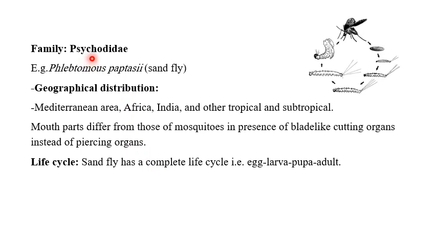Family Psychodidae, Phlebotomus papatasi, the sandfly. Geographical distribution: the Mediterranean area, Africa, India, and other tropical and subtropical regions. Mouth parts differ from those of mosquitoes in the presence of blade-like cutting organs instead of piercing organs. Life cycle: the sandfly has a complete life cycle, that's to say egg, larva, pupa, and adult.